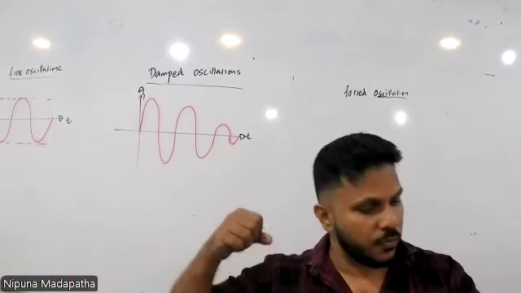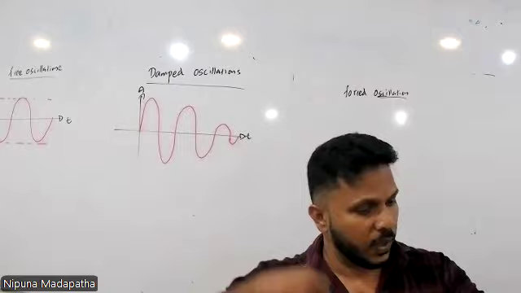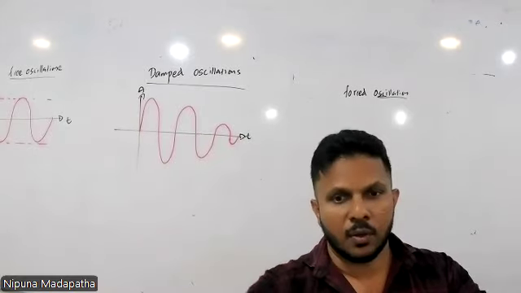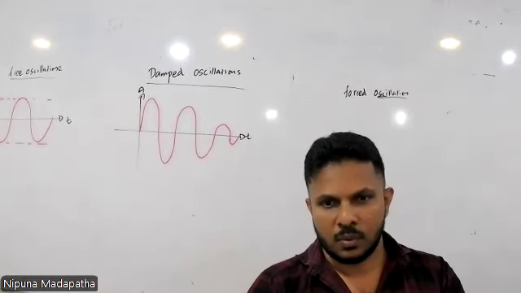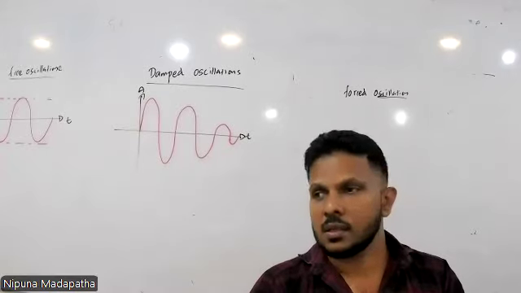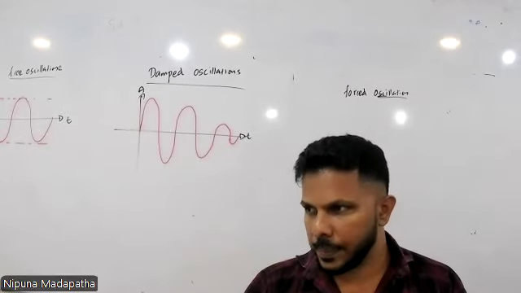Now suppose I give a force and repeatedly force this pendulum to move. Now its frequency is the artificial frequency.